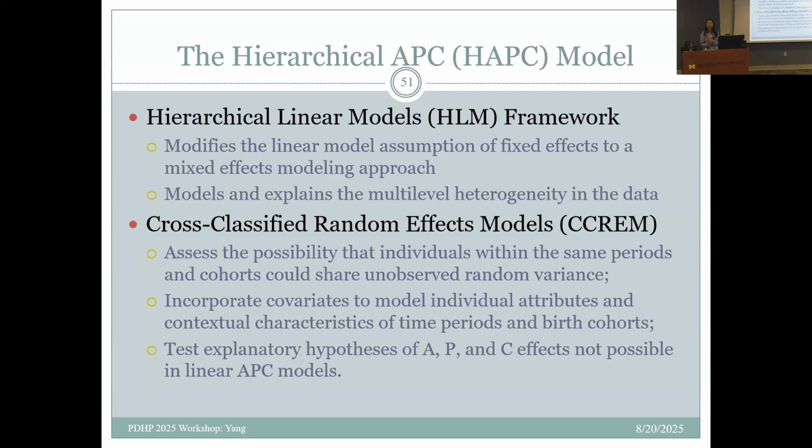Well, the linear models were also called accounting models. So it's accounting for these three, but it does not explain why they may have the effects that you see. So I think this new framework can allow us to do that, which I think is a highly desirable improvement.